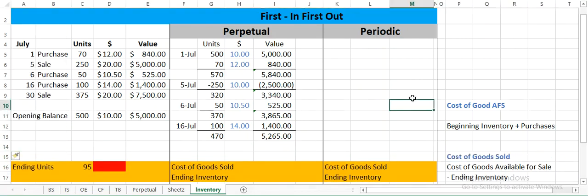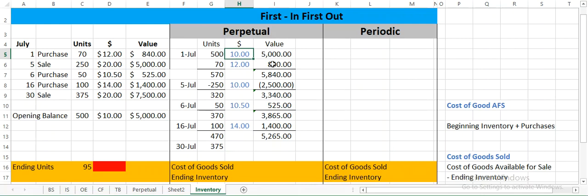And what I want to do, I'm just going to add another line here, because I see I'm going to need it, because we have one more transaction, which is the 30th. And so July 30th, we sold 375 units. Now, from this 375 units, what's the value that we're going to assign to it? Well, we can go back up to the first one.